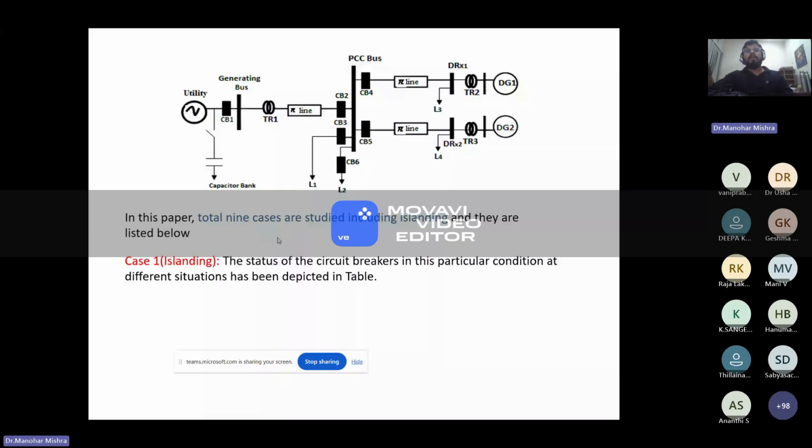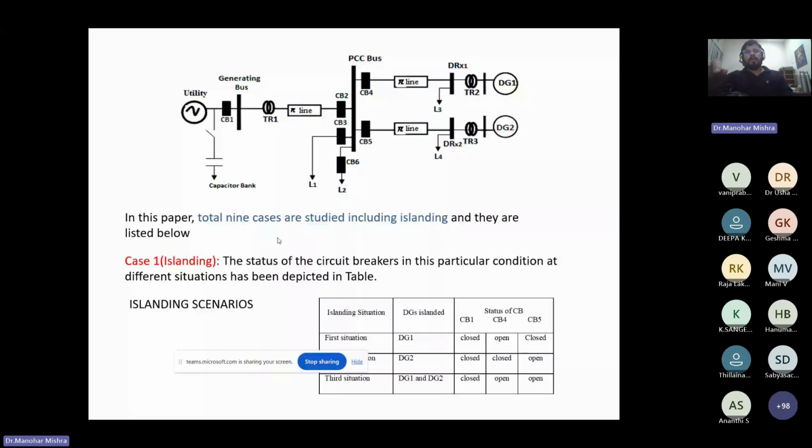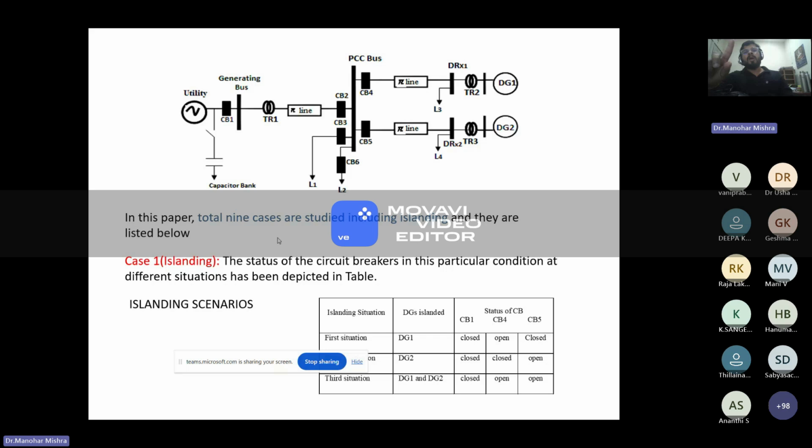So how do we simulate islanding? If you observe the diagram, in the first situation circuit breaker 1 is closed and circuit breaker 5 is closed, but we switch circuit breaker 4, then DG1 will be islanded. If we switch circuit breaker 5, then DG2 is islanded with load L4 connected to it.